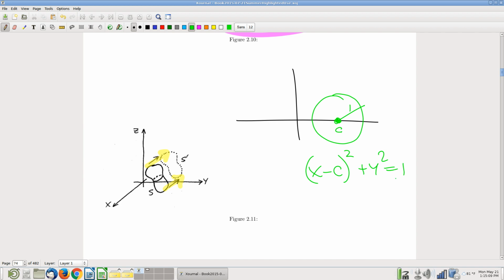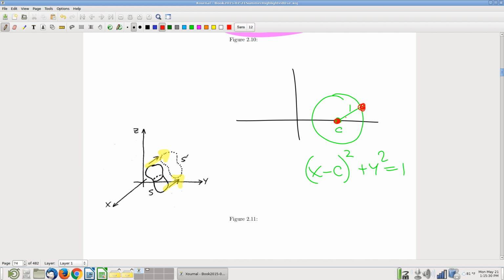If you forgot your Algebra 2, you can think of this as a statement about how the distance from that point to that point is equal to 1. This is how you compute that distance, Pythagorean formula. And notice, this opposite phenomenon is happening here.